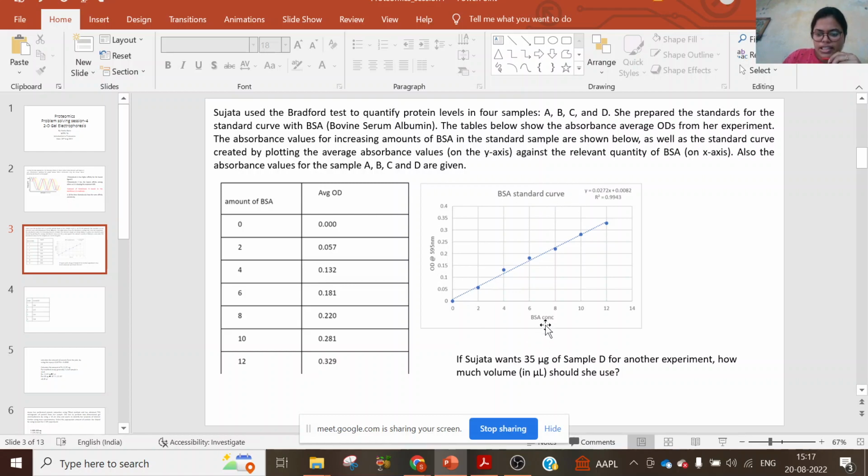The x-axis gives you the BSA amount. Here concentration is written by mistake; in this table, it's the amount of BSA. So from that you can calculate the value of x, which will be the amount of protein D.